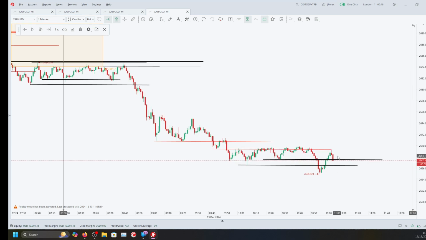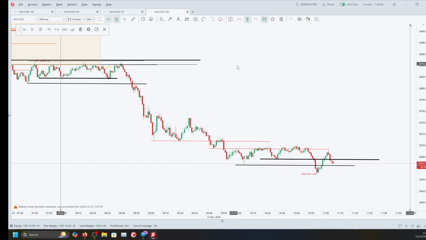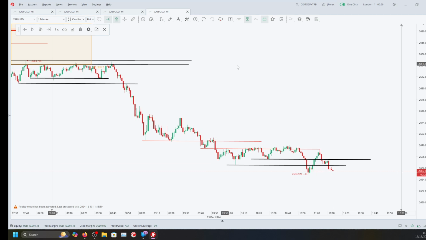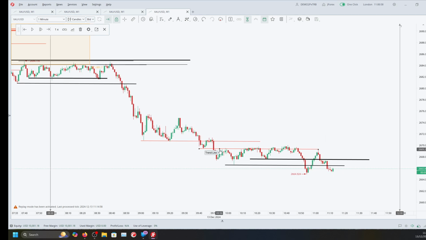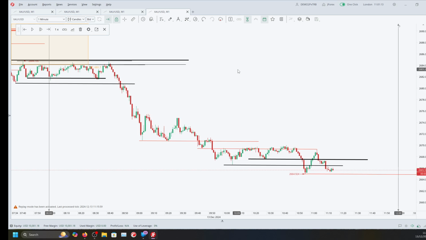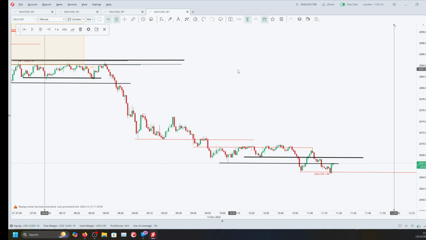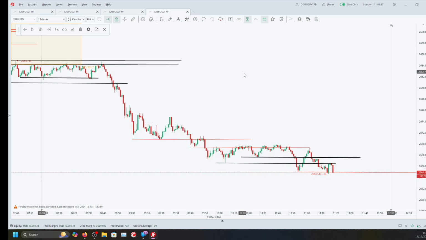See, price didn't reject here, but it rejected off of this. So now you're short again. So as long as price is going down and structure remains bearish, you keep looking for reasons to go short. Short again.